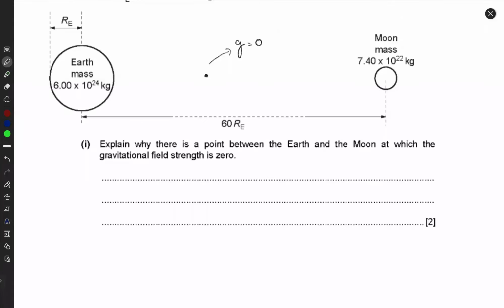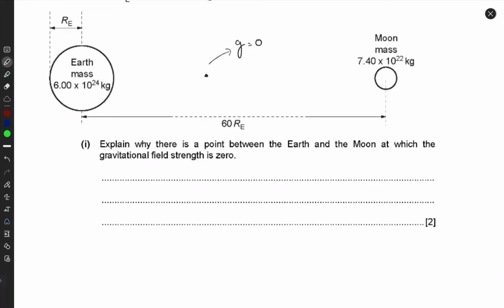Anyone? Any comment on this? Doesn't matter if it's wrong, we'll figure it out, right? Sir, the mark would be towards the moon. Okay, and why would you say that? Because Earth has a greater gravitational field than the moon.